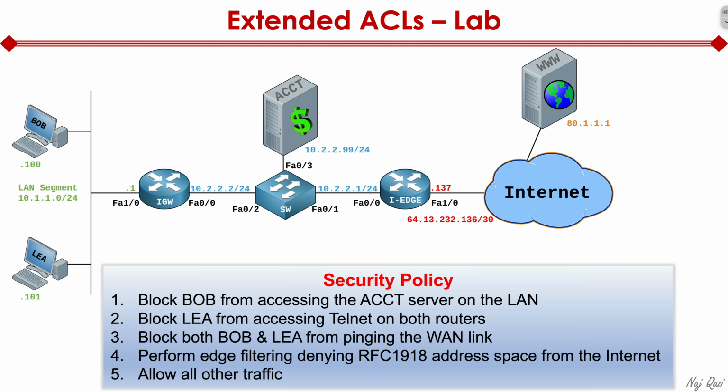We'll then perform edge filtering, denying RFC 1918 address space from the internet, and I'll explain why. And finally, we'll allow all other traffic. So that is our security policy. So let's get cracking on the command line.